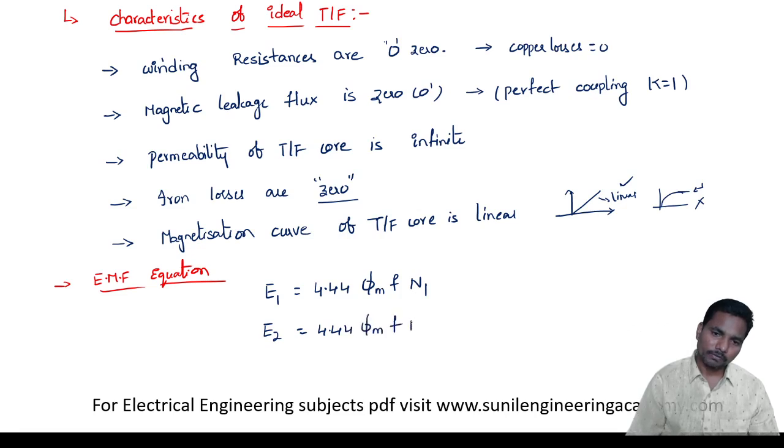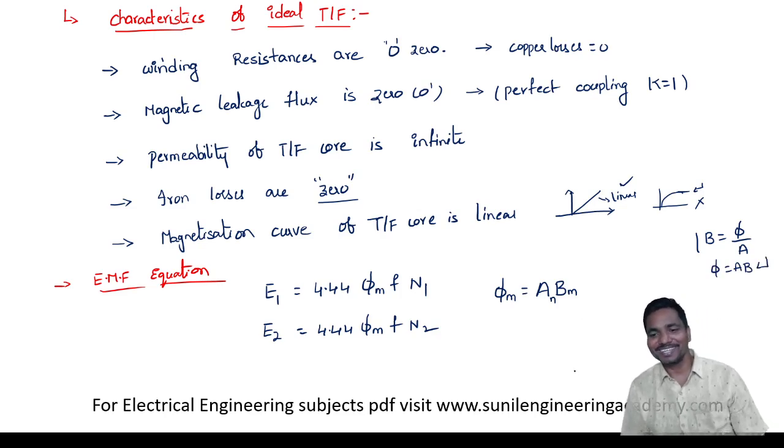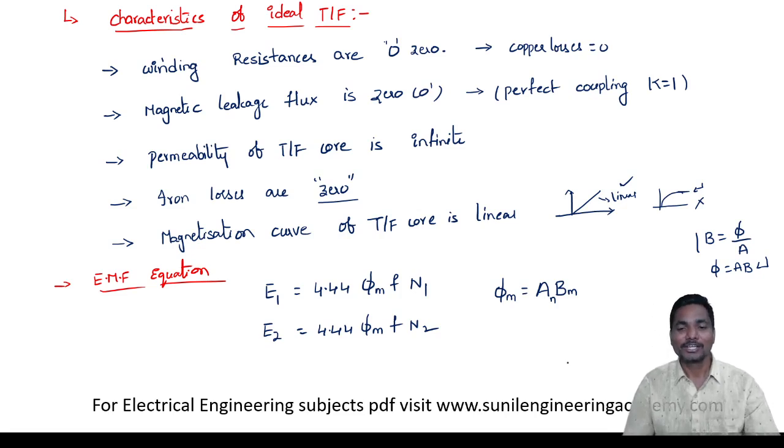Here phi m is nothing but A into B. Flux density is equal to flux per unit area, where A is the net cross-section area and B the maximum flux density. So phi is equal to A into B, and AB is easy to remember: A, B, C, D, E, F like that.